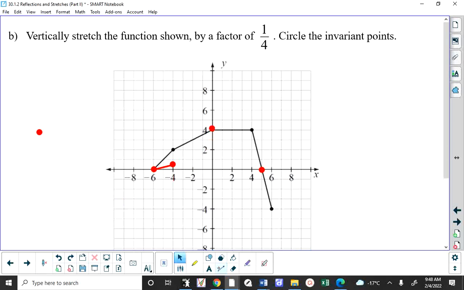The next point left to right is 4 away, and if I stretch that vertically by a factor of 1/4, it's going to be 1 away because 1/4 of 4 gives you 1. And this whole first set of examples is merely to get you used to what a stretch factor means.